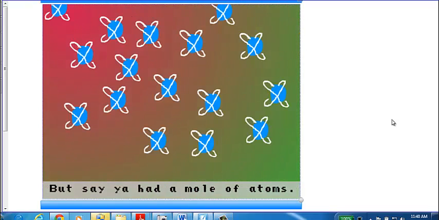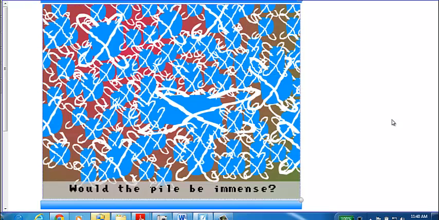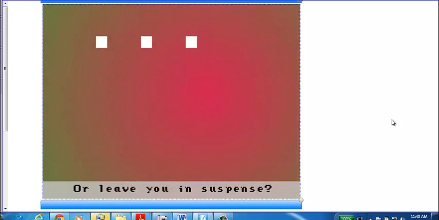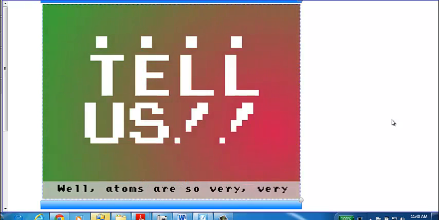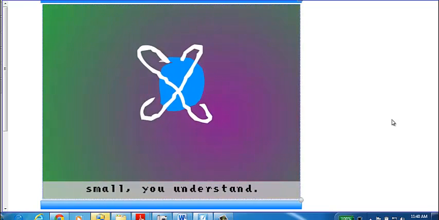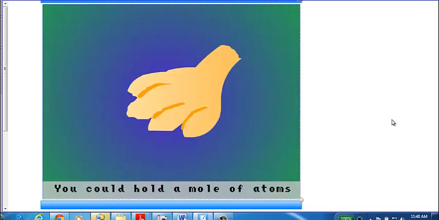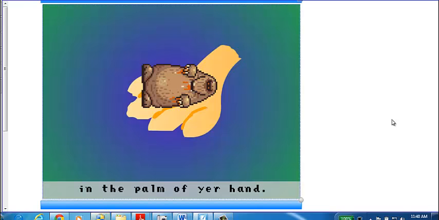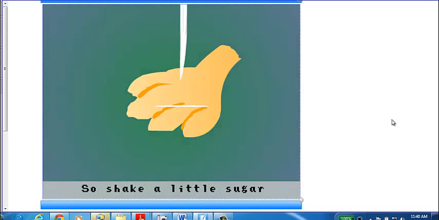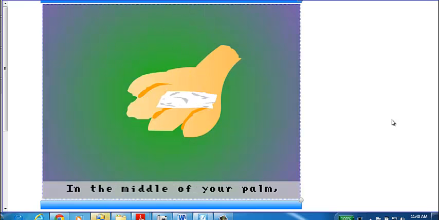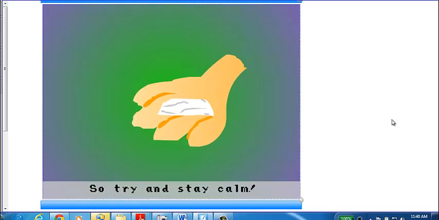Let's say you had a mole of atoms. Would the pile be immense? Should I say the answer now or leave you in suspense? Well, atoms are so very, very small, you understand. You can hold a mole of atoms in the palm of your hand. So shake a little sugar in the middle of your palm. Now you don't want to spill it, so try and stay calm.